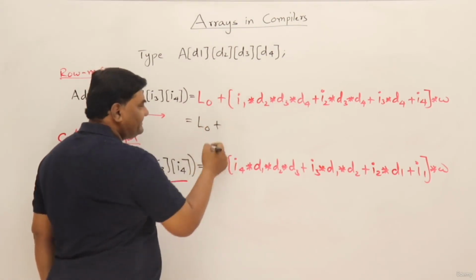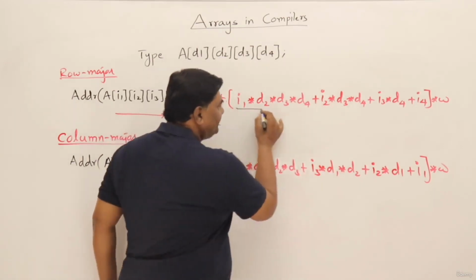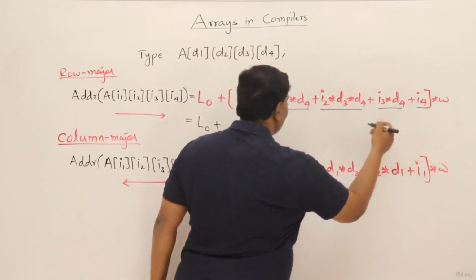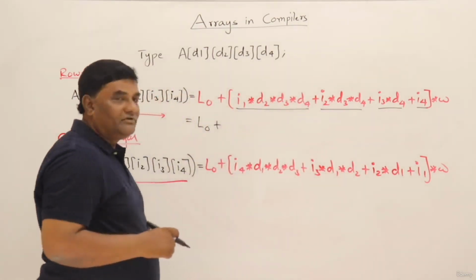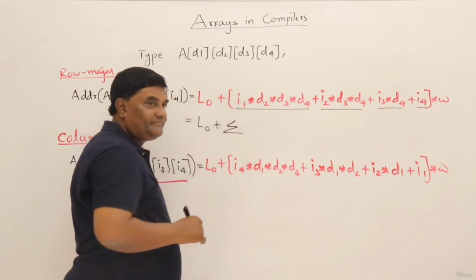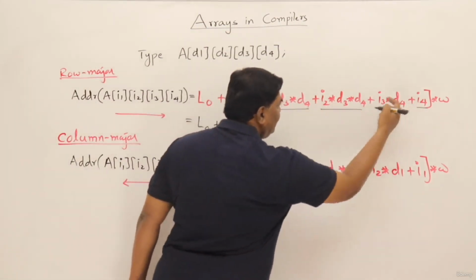L0 plus, see, all these terms are added. This is one term, next this is a term, next this, next this. So a total of 4 terms are added. For addition, we use sigma. And here I1, I2, I3 and I4 are used.